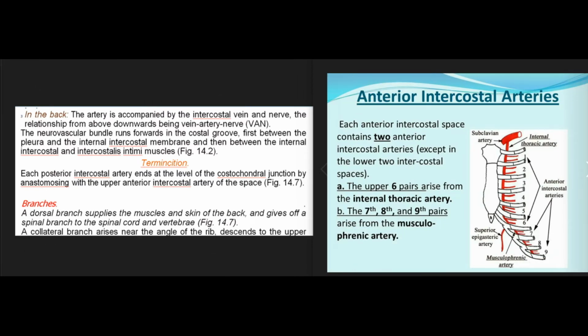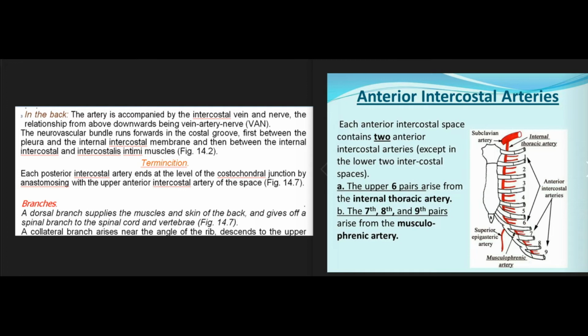In the back, the artery is accompanied by the intercostal vein and nerve, the relationship from above downwards being vein-artery-nerve, VAN. The neurovascular bundle runs forwards in the costal groove, first between the pleura and the internal intercostal membrane and then between the internal intercostal and intercostalis intimus muscles, Fig 14.2.